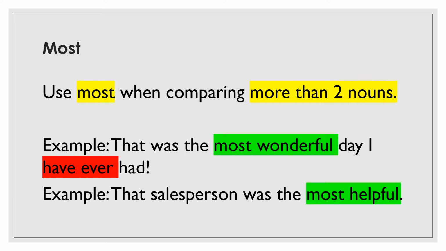Remember, you've had more than 2 days. Again, that salesperson, probably more than 2 if you're saying they were the most helpful. Another one that we use often is of all. That is another keyword that there's more than 2 there.